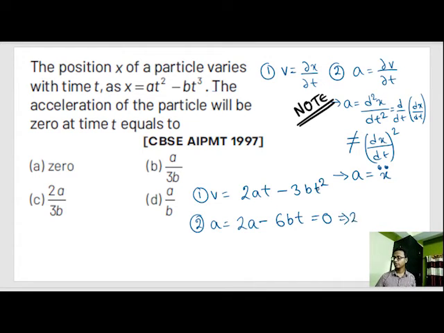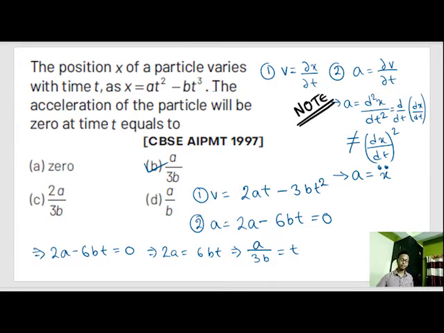Let's write it properly: 2a minus 6bt is equals to 0, or 2a is equals to 6bt, or t is equals to a by 3b. So our correct option is option number B.